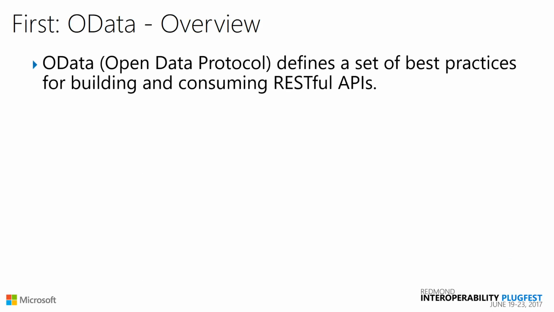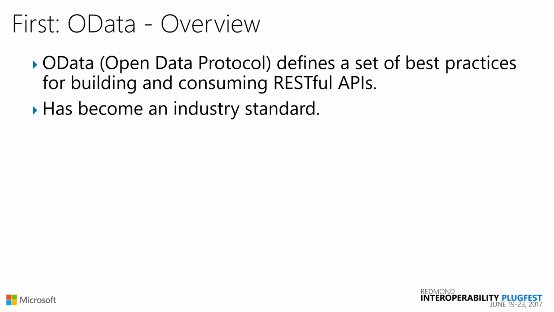Overview. Well, OData, Open Data Protocol, it defines a set of best practices. And the whole idea of the OData Validator tool is to help you during the development process to make sure that you end up with something that conforms with the description, the architecture, the spec for designing RESTful APIs. Okay, so it's now become an industry standard because it was widely adopted.